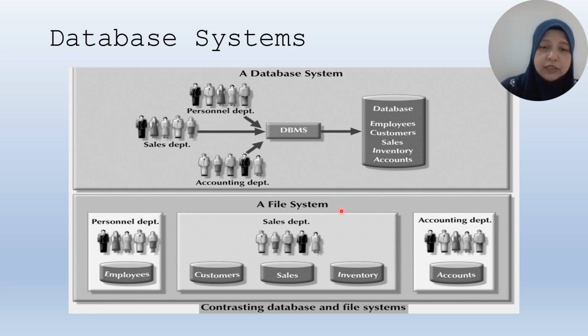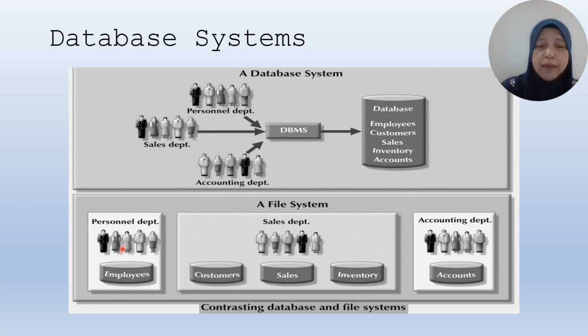While in a file system, personnel department has their own file system for the data for employees. Sales department has 3 file systems: customers data, sales data, and inventory data. Accounting department has one file system, which is accounts. But you may know that sometimes personnel department also needs to see inventory data, and accounting department also needs to see sales data.